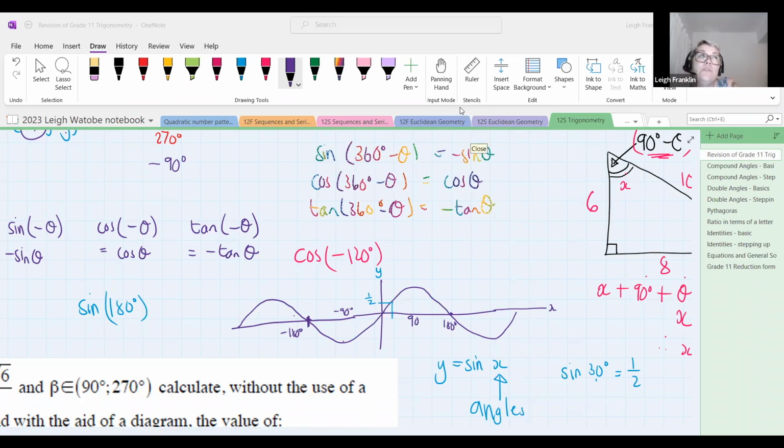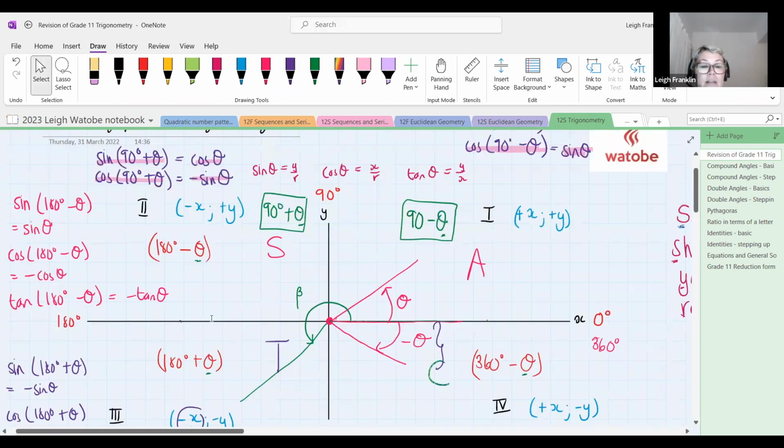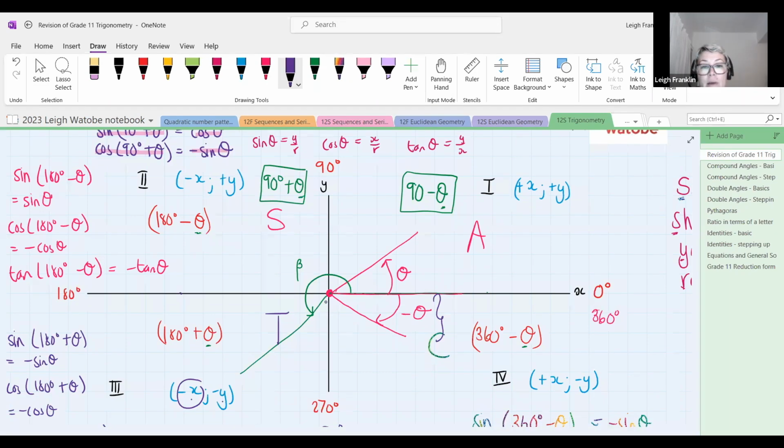Well, 30, 45, 60, and 90 are seen as special angles. Minus 180 is not seen as a special angle. But if I say the sine of 180, essentially I've gone like this.